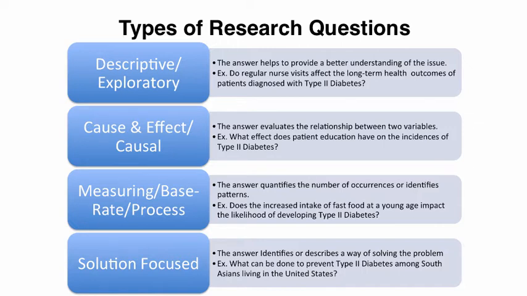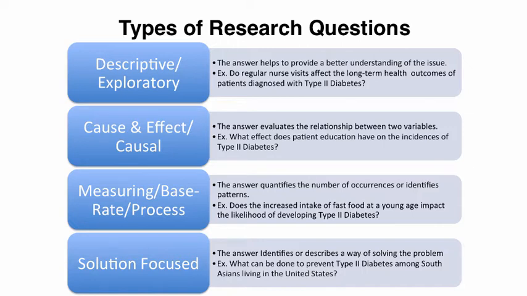So that might be the fact that I read where South Asians are 5 times as likely to get type 2 diabetes than white people in the United States. That would be an answer that identifies a measurement of occurrence. Here I asked, does the increased intake of fast food at a young age impact the likelihood of developing type 2 diabetes? And then the last one is probably the most frequent, the process or solution focused.